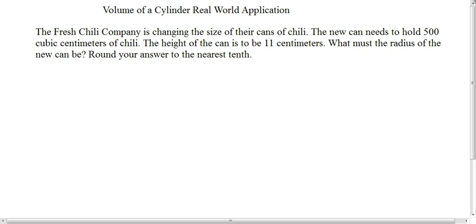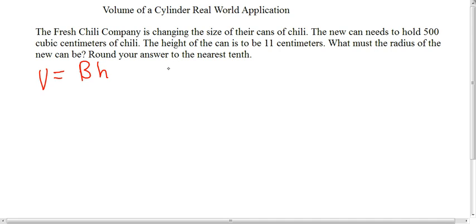So what we have is the formula, and the formula is volume is equal to big B times height.